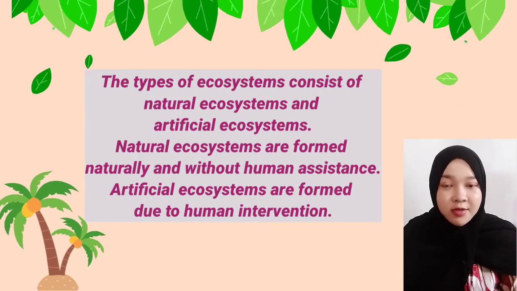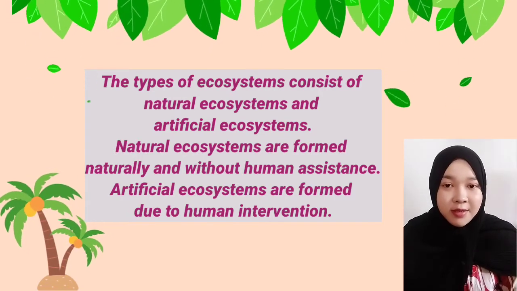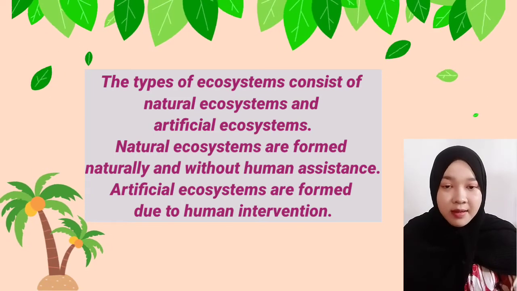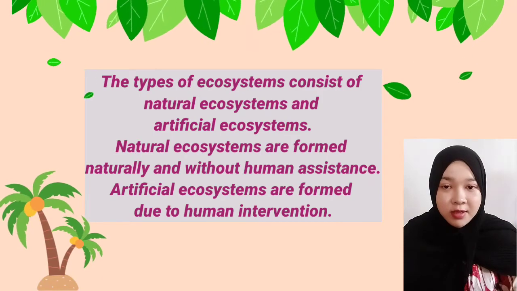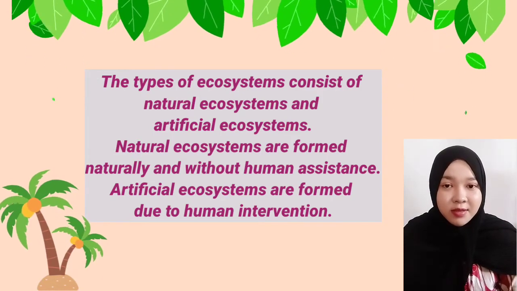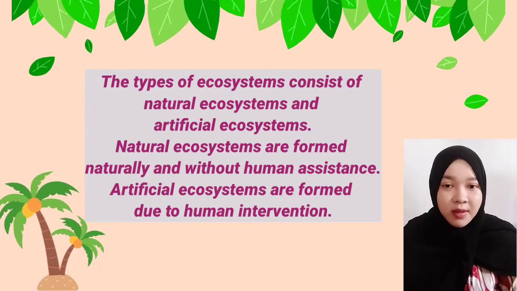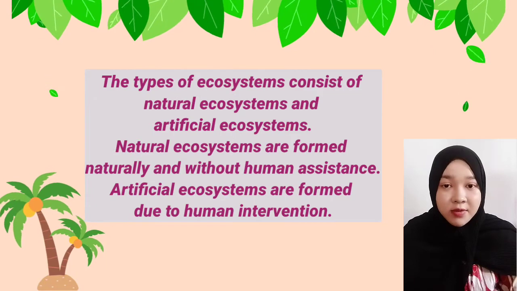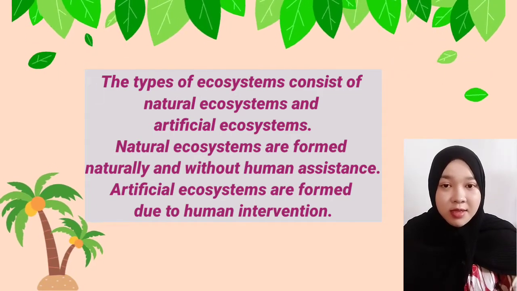Examples of natural ecosystems are forest ecosystem, grassland ecosystem, and river ecosystem. Artificial ecosystems are formed due to human intervention. Examples of artificial ecosystems are rice field ecosystem, field ecosystem, and pond ecosystem.